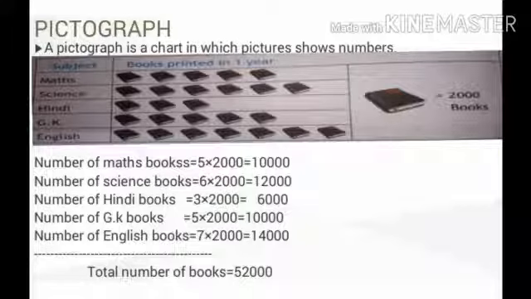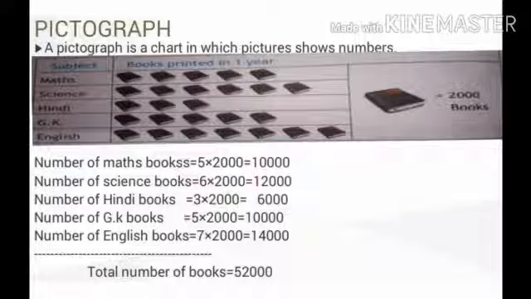So let us see in maths how many books are there. 1, 2, 3, 4, 5. 5 books is given. That means we know that one book is equal to 2000 books. Please see below here. So number of maths books will be, how many books given in the picture? 5 into 2000. That means 10,000 maths books are there.